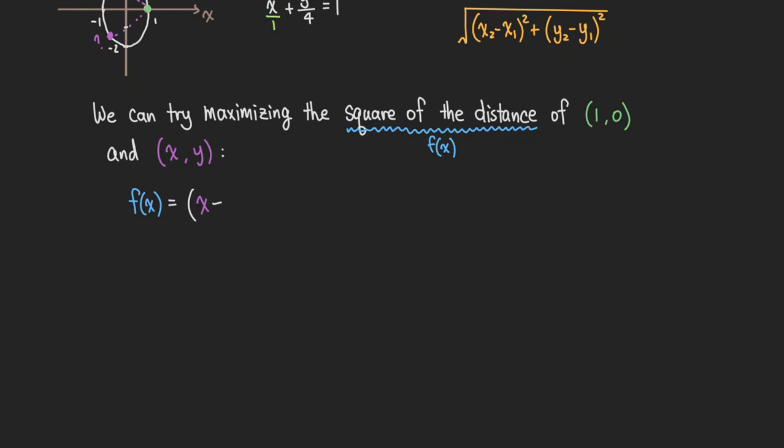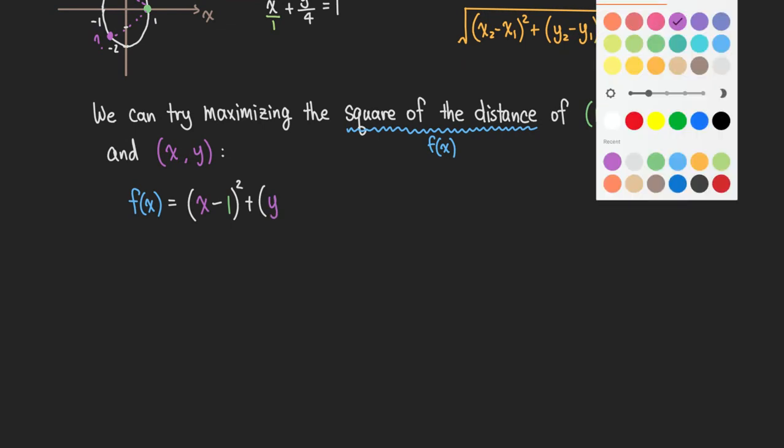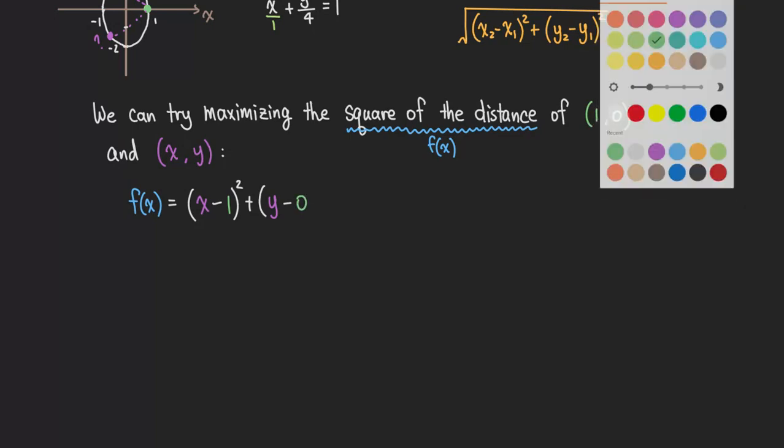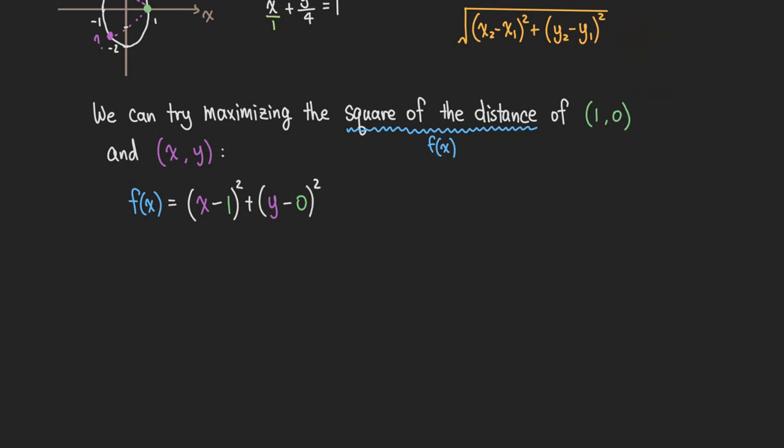So I put the 1 right here. And then square. And then plus the difference between the y values. So we have the y value there. And then minus the y value for the green point, which is 0. So we have the 0 there. And then we get a square.